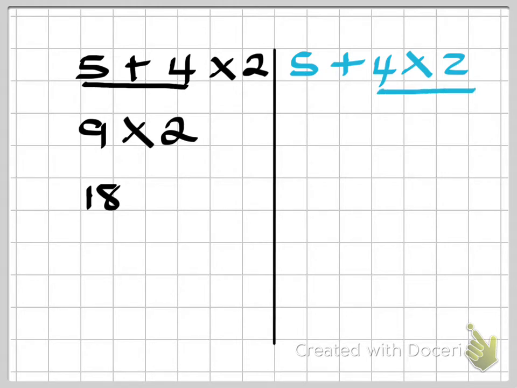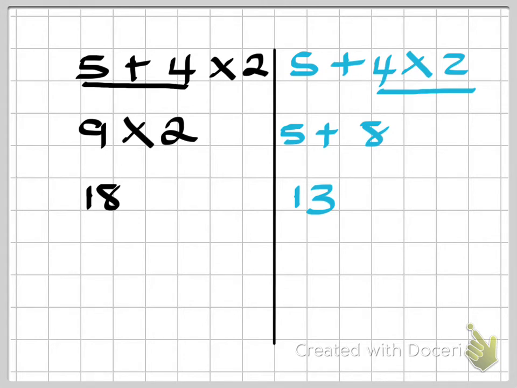Guys, please take note, I'm not working with the 5 yet, I'm not working with the add yet, but I'm simply working with 4 multiplied by 2, which is 8. 5 plus 8 is 13, that's correct.